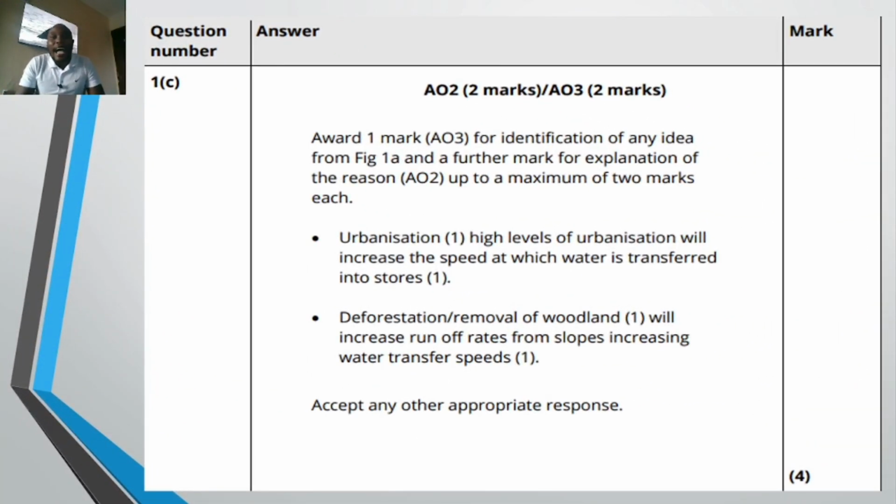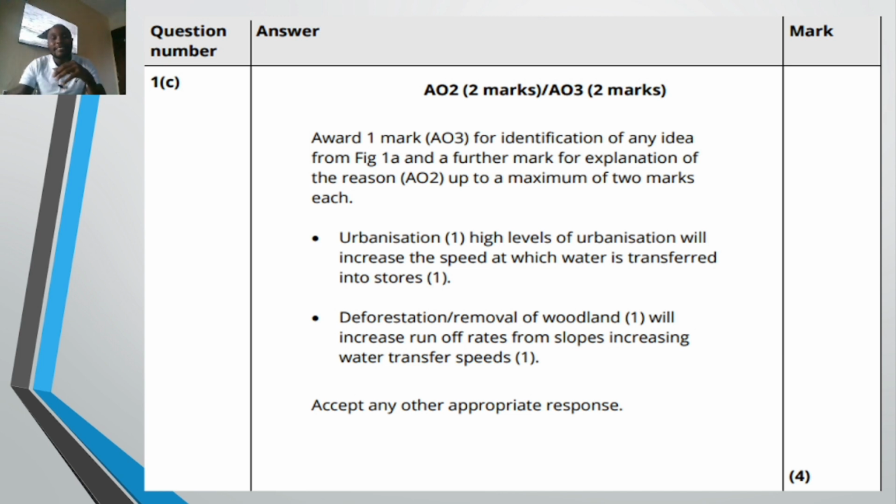So we award 1 mark for identification of any idea from figure 1A, so if you say urbanization, we give you a mark. You mention deforestation, we give you a mark. So that's how easy it is. When you just identify an idea from the figure, a mark.